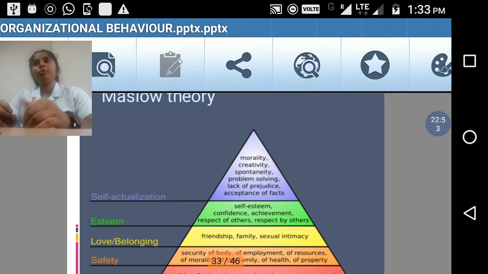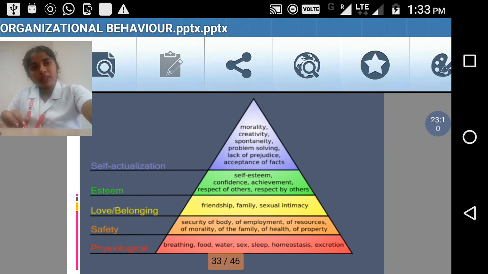This hierarchy suggests that people are motivated to fulfill basic needs before moving on to more advanced needs. The levels are physiological, safety, love and belonging, esteem, and self-actualization.